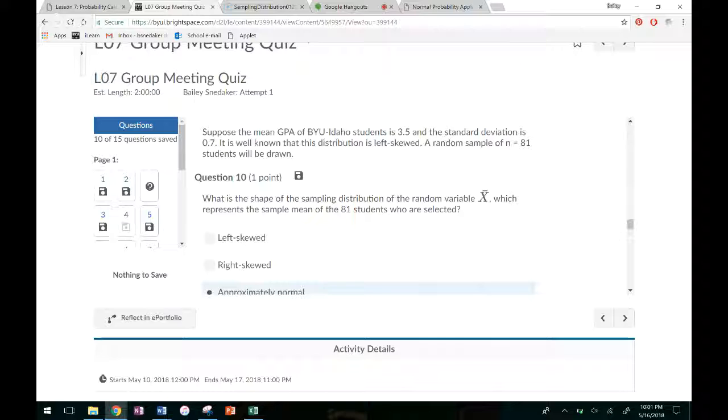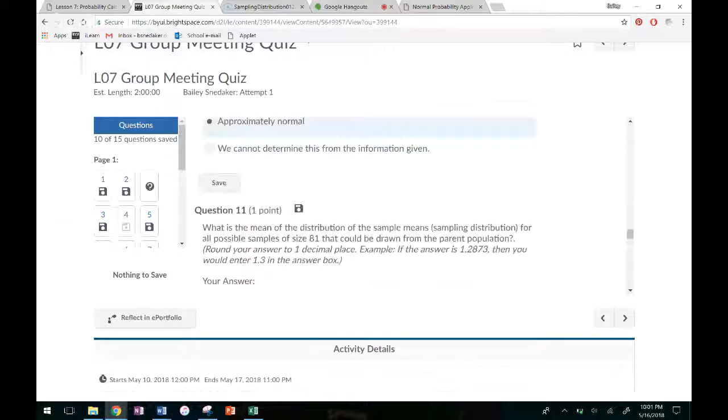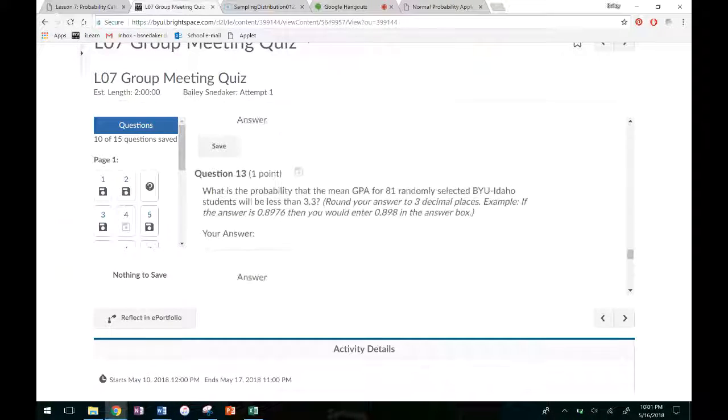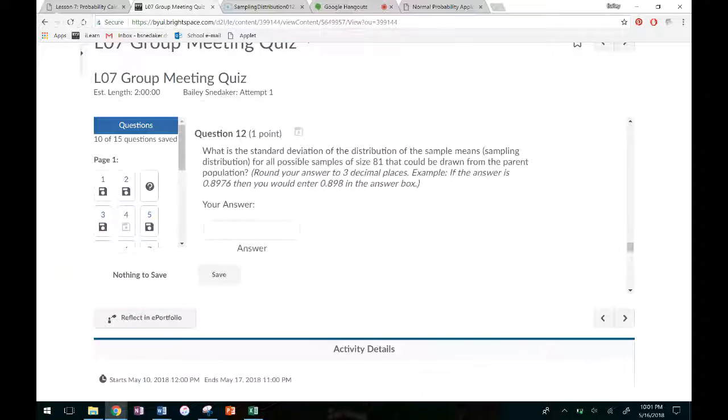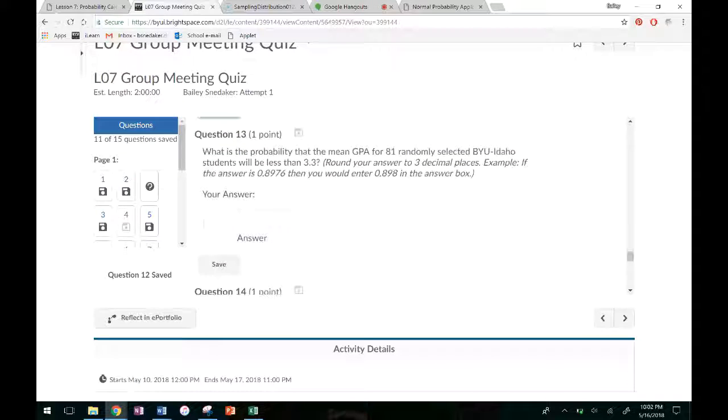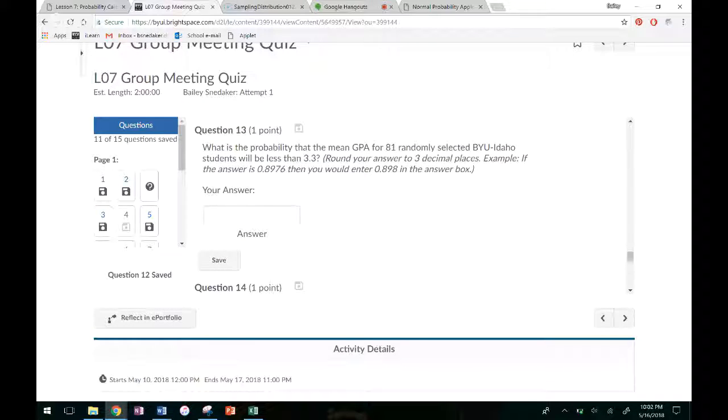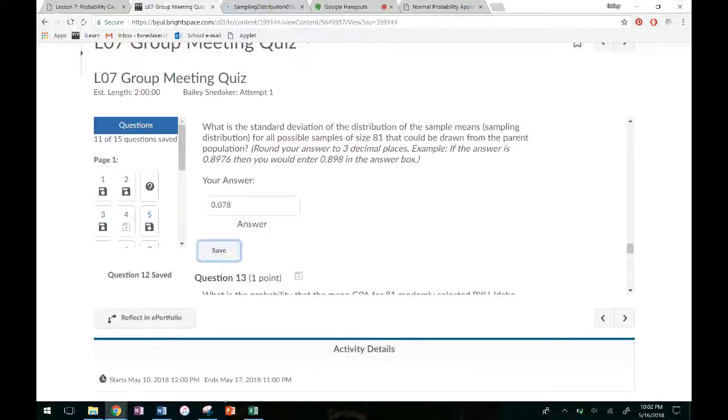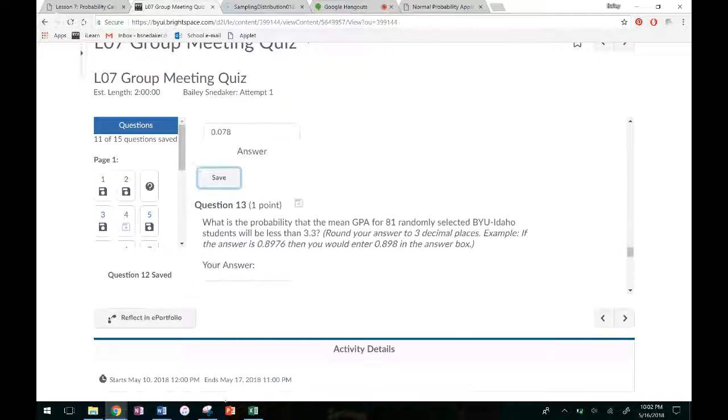So 0.07777. Or 0.078 is what we put in. Yeah, it's 4 decimal places, so it's 0.0778.